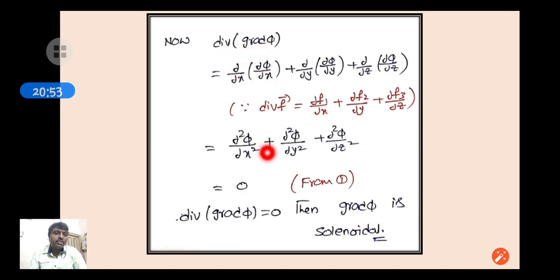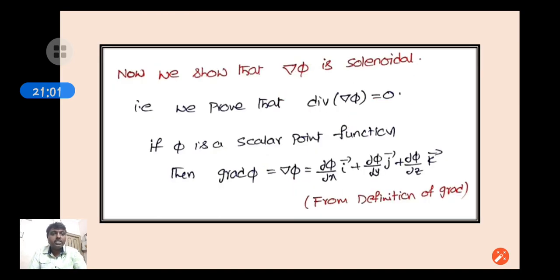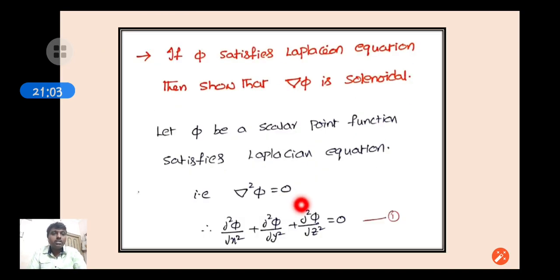But it is already given that phi satisfies the Laplace equation. From equation number 1 you can observe that phi satisfies the Laplace equation, so dou square phi by dou x square plus dou square phi by dou y square plus dou square phi by dou z square is equal to 0.